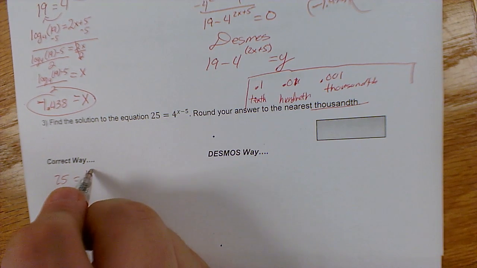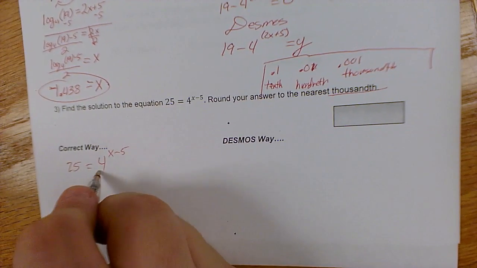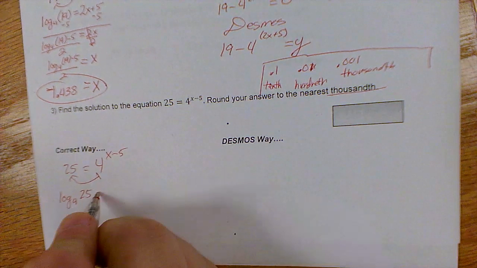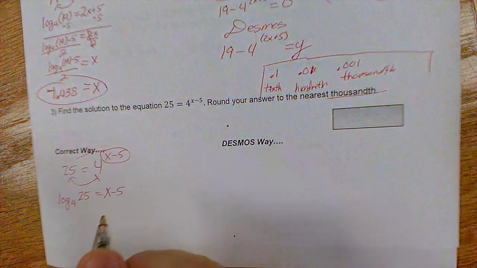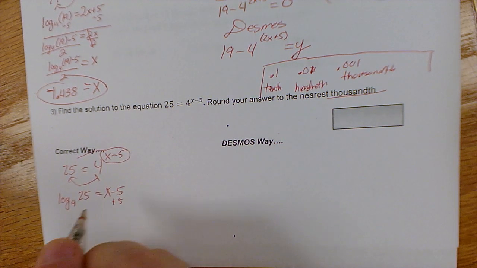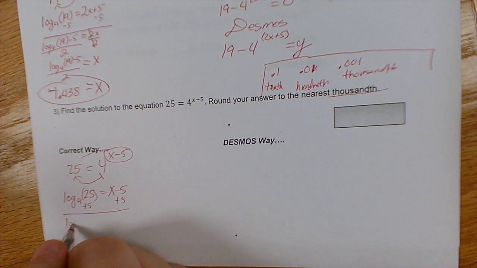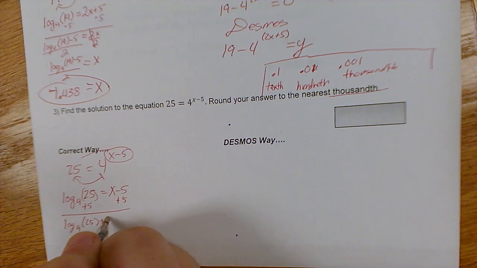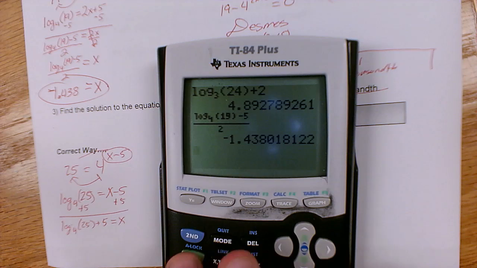But anyway, 25 equals 4 to the x minus 5 power. So we're going to switch this to a log. So this would be log with a base of 4 of 25 is equal to x minus 5. Then we'll add 5 to both sides, but need to make sure we'll have it like this, and then we'll type in a calculator.